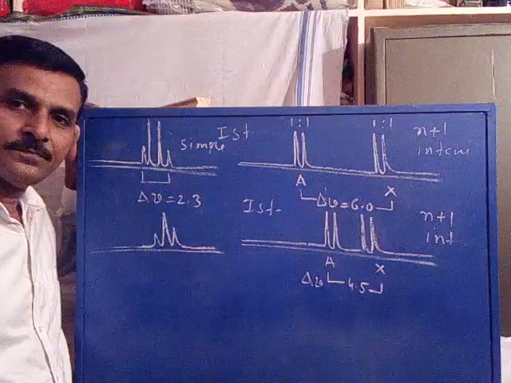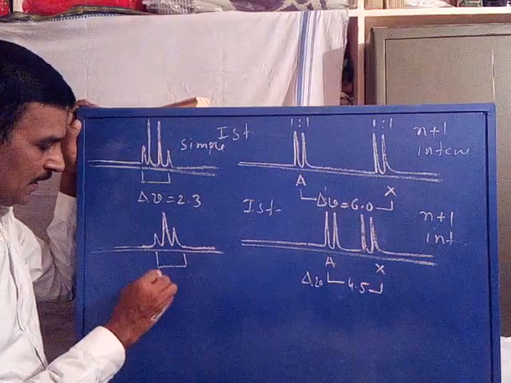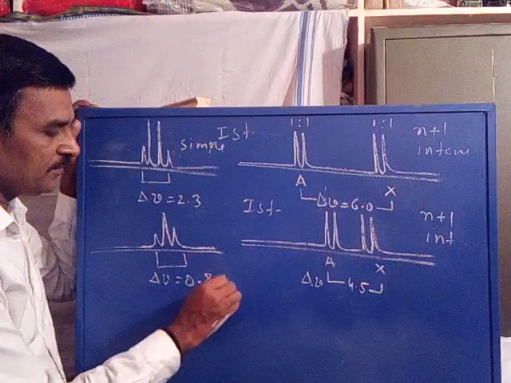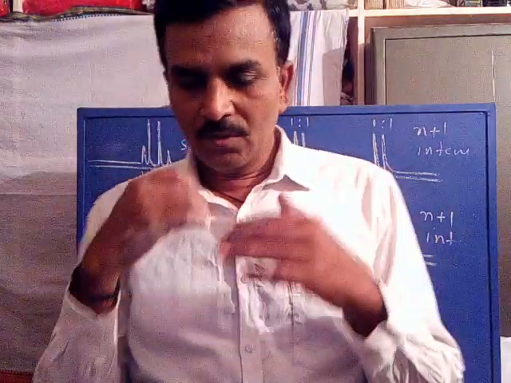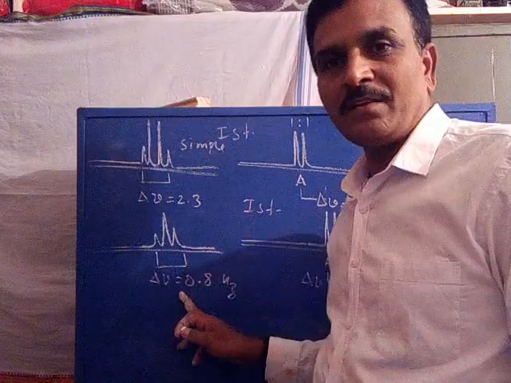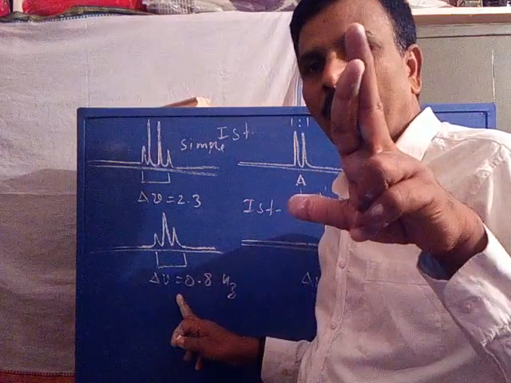Like this. Now the difference between the two signals, delta nu, is equal to 0.8 Hz. You observe. So, further decreasing the frequency difference, what happens? The two inner lines get overlapped.